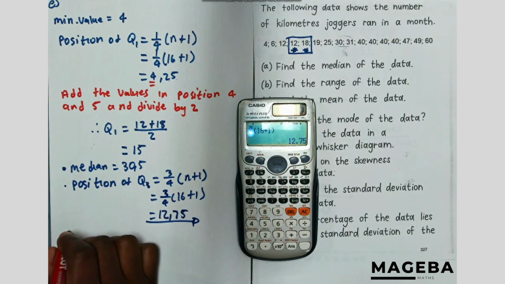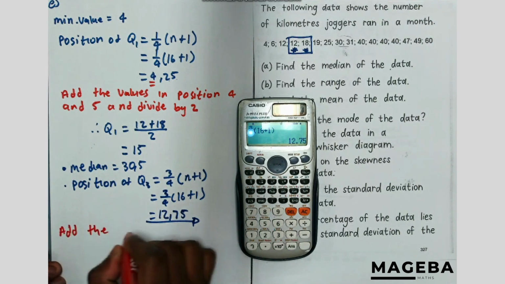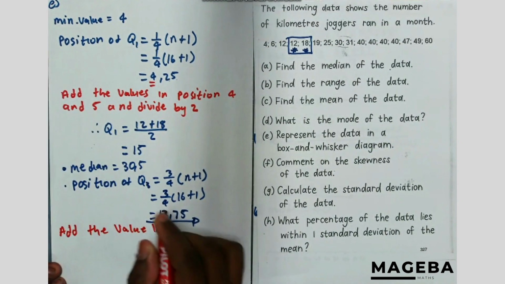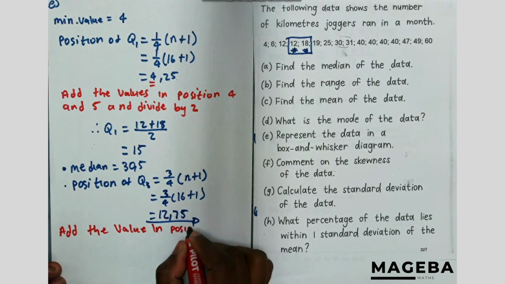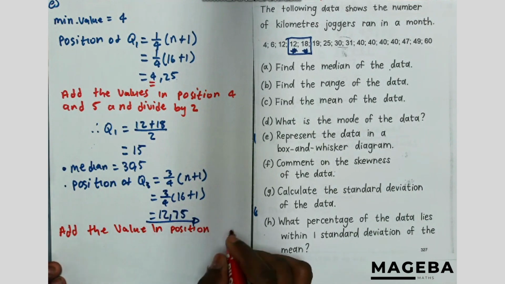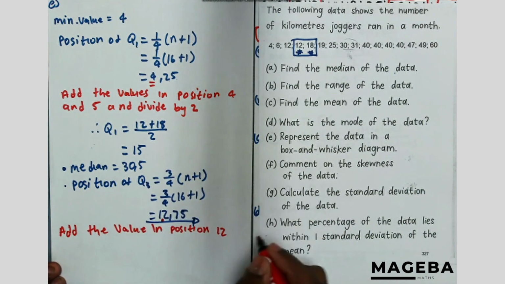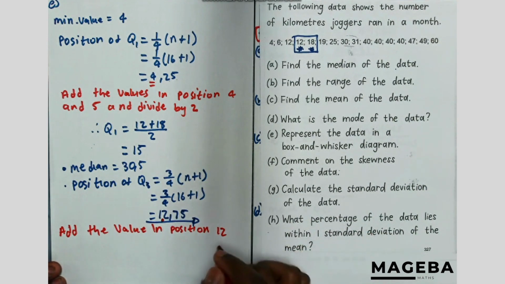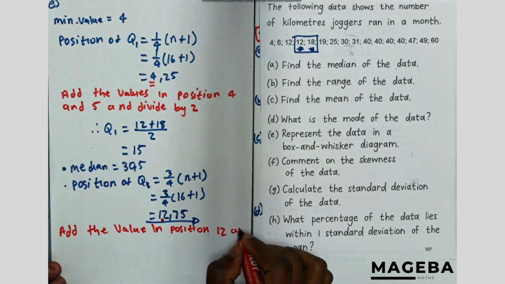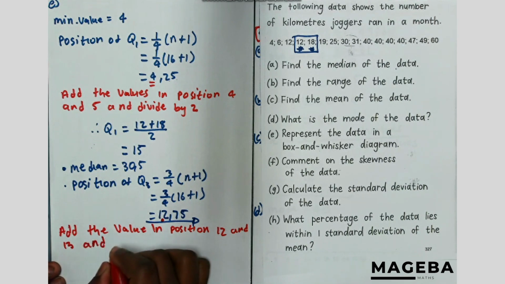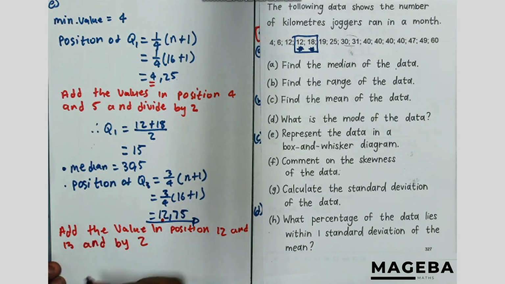Same thing here, we're going to use the same logic. We're going to add the values in position 12, because we found 12 here, and then the number that follows 12, which is 13. We take 12 and 13 and divide those numbers by 2.